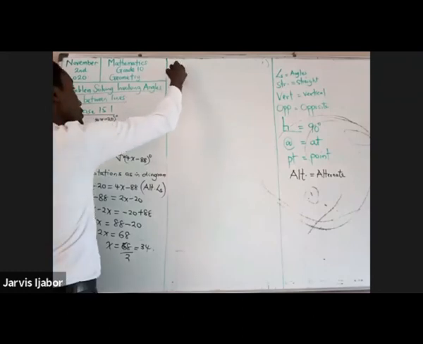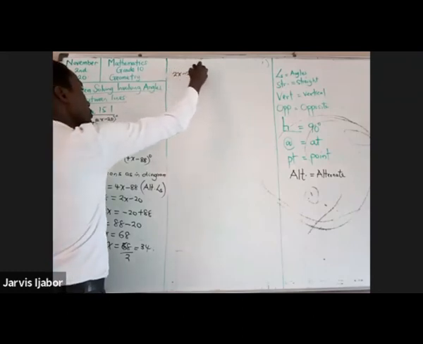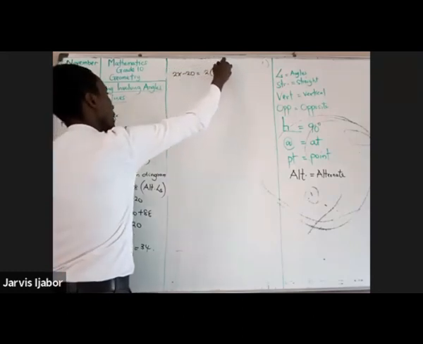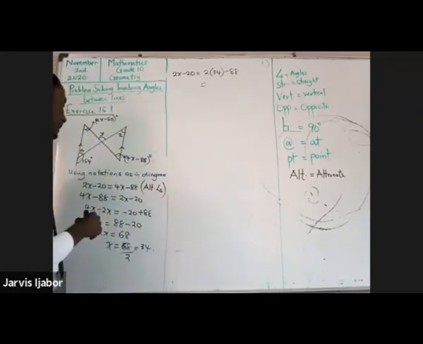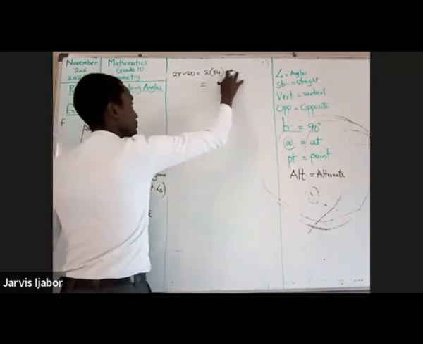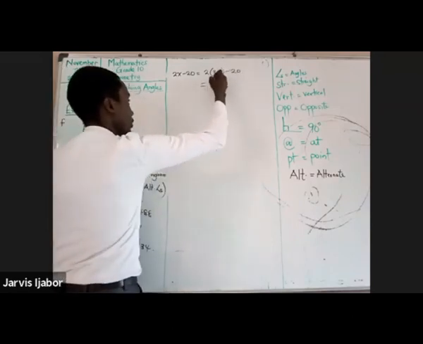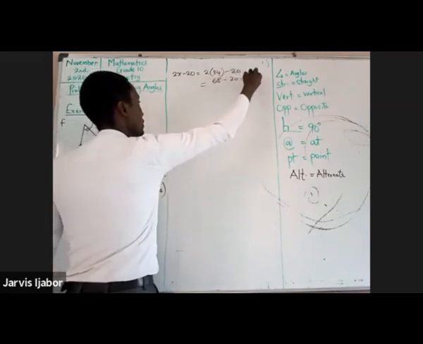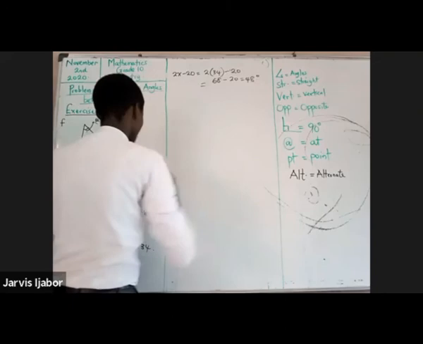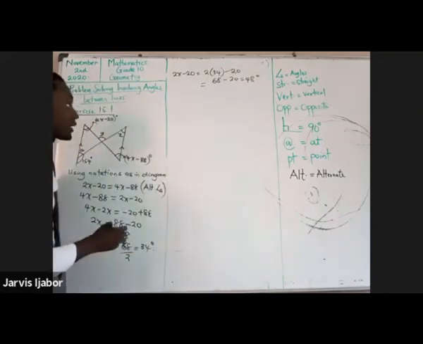So 2x minus 20 will be equal to 2 into 34 minus 20. That will give me 68 minus 20, and that will be 48 degrees. So I've gotten that one.